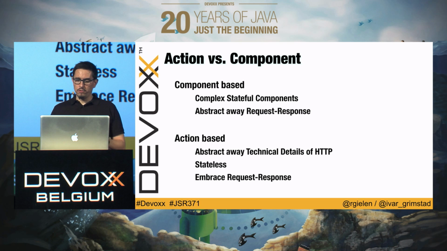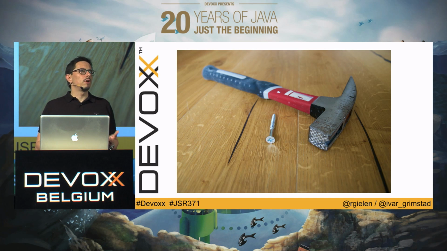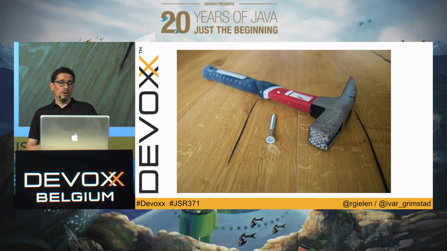So it boils down to: you should have the right tool for the problem at hand. So if you are going to write a serious business application, JSF is great for you. On the other hand, if you write a blog application and do want full control over URLs and SEO and whatnot, it would be a nice choice to look after an action-based framework.